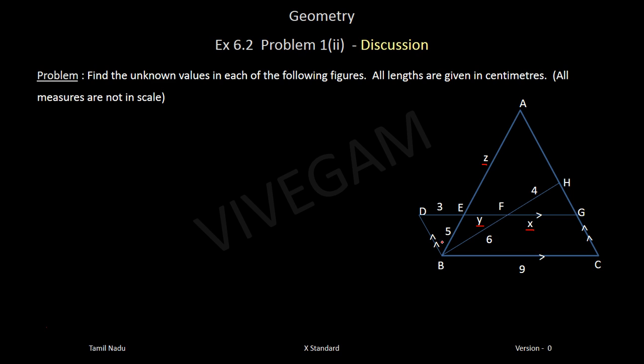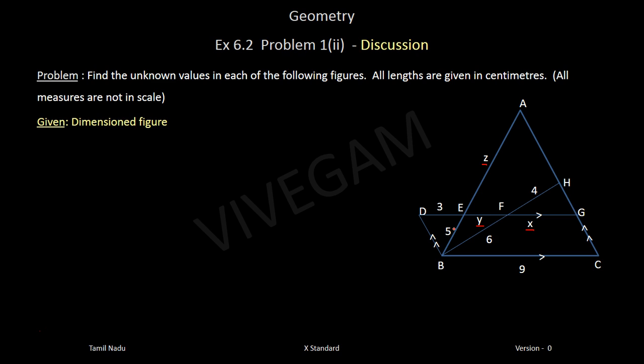So AE divided by AB will be equal to EG divided by BC. Now EG can be calculated because we know x, we know y. So that is known. BC is known, and AE is z, which means AB will be z plus 5. So you will have an equation in terms of z from which z can be calculated, right? So this is how the problem will be solved.